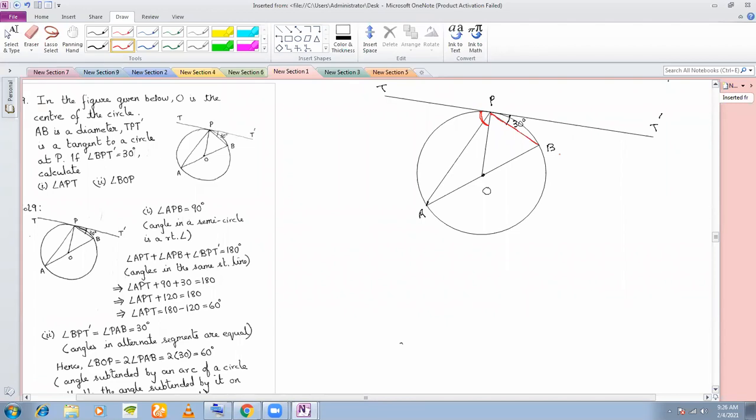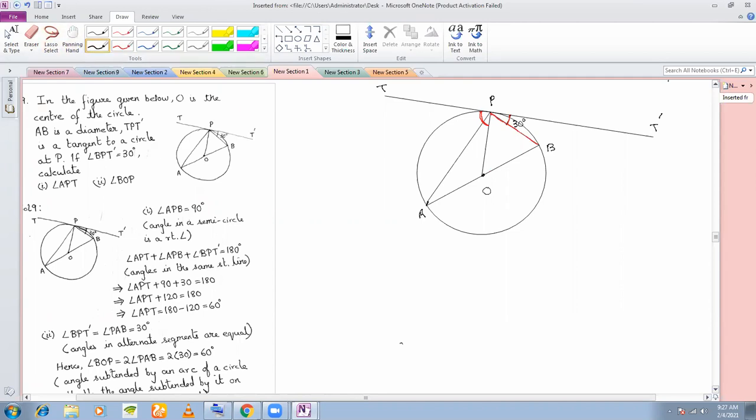Angles on alternate segments. If you remember, I told you the first criteria to find angles on alternate segments is that a chord and a tangent must intersect at the point of contact. So clearly, this chord drawn in red and the tangent intersect at P. Therefore, there are certain angles that are on alternate segments. 30 degree is the angle in the minor segment here.